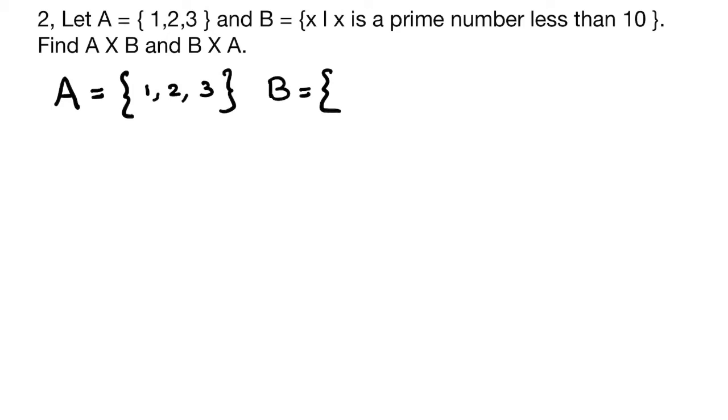So prime numbers less than 10 are 2, 3, 5 and 7. The elements of set B are 2, 3, 5 and 7.